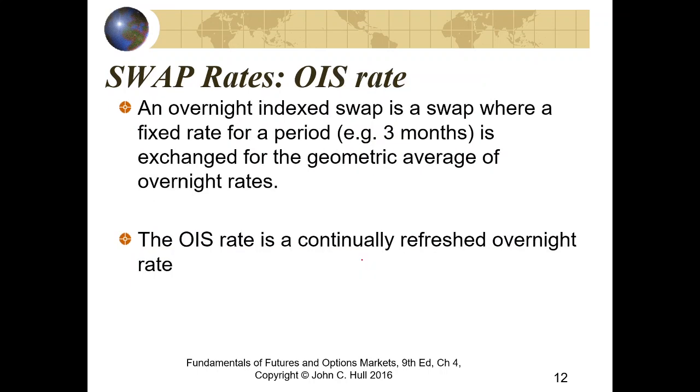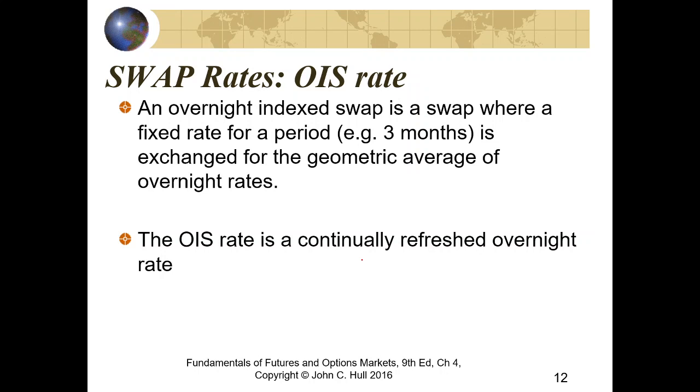Now, since there is a movement away from the LIBOR and a search for an alternative, people are now using the overnight index swap rate, or the OIS rate. Now, the OIS rate is based on the overnight rate or the federal fund rate, when it is the geometric average of this rate for a particular maturity.